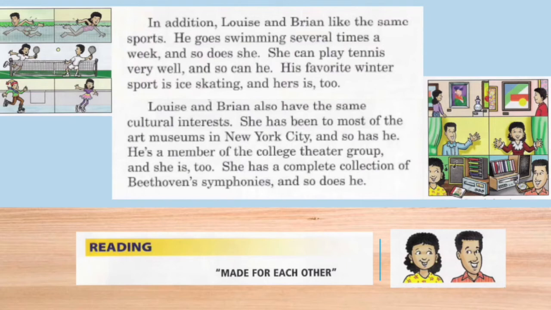Louise and Brian also have the same cultural interests. She has been to most of the art museums in New York City, and so has he. He's a member of the college theater group, and she is too. She has a complete collection of Beethoven's symphonies, and so does he.